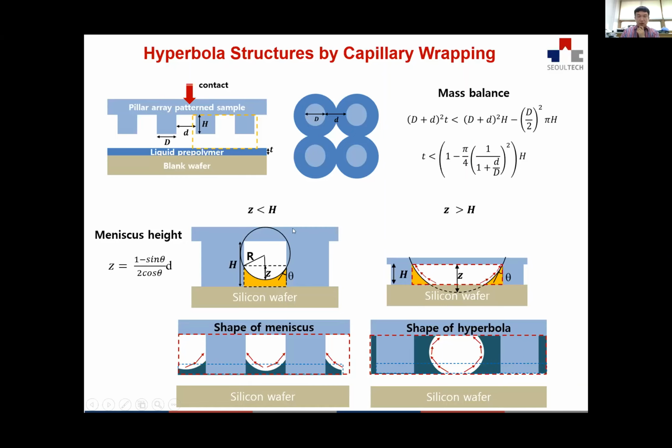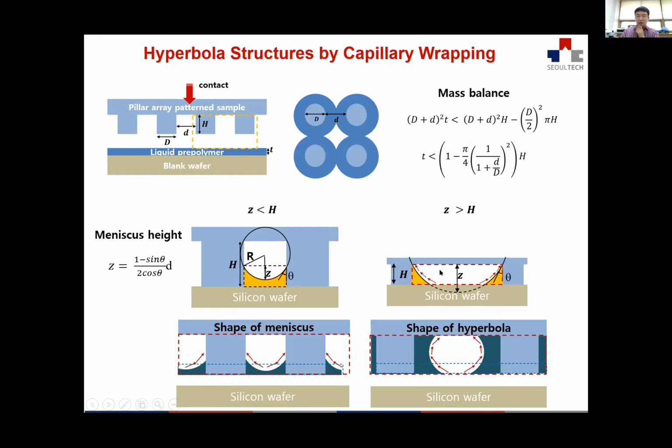On the other hand, when the pillar height is lower than the meniscus height, the liquid can wet the roof of the surface.